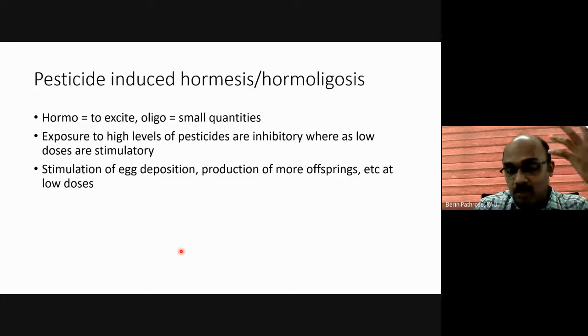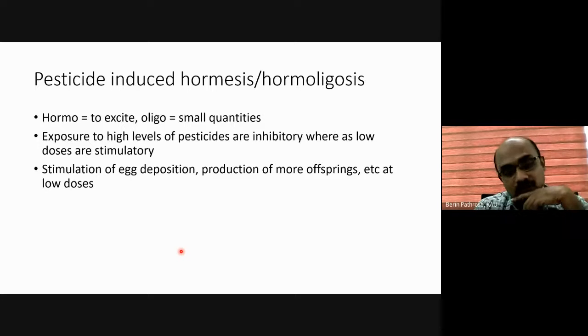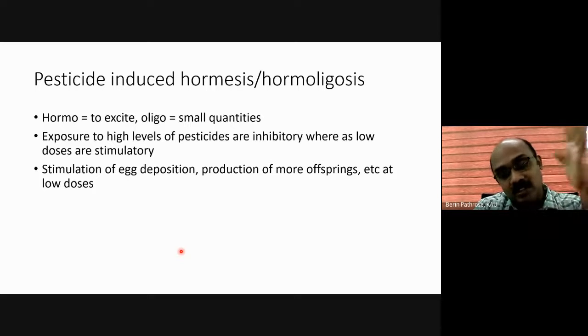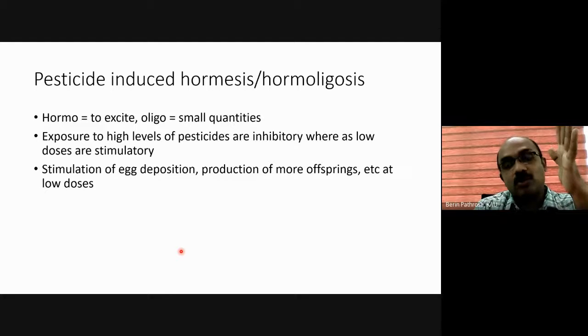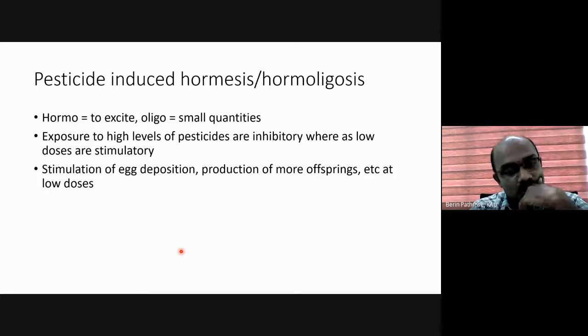So, hormoligosis or pesticide-induced hormesis means increase in the pest population following the use of a sublethal dose of pesticide. At high concentration, it will be lethal, but at low concentration, it will increase the multiplication of insects. Clear? Yes, sir.